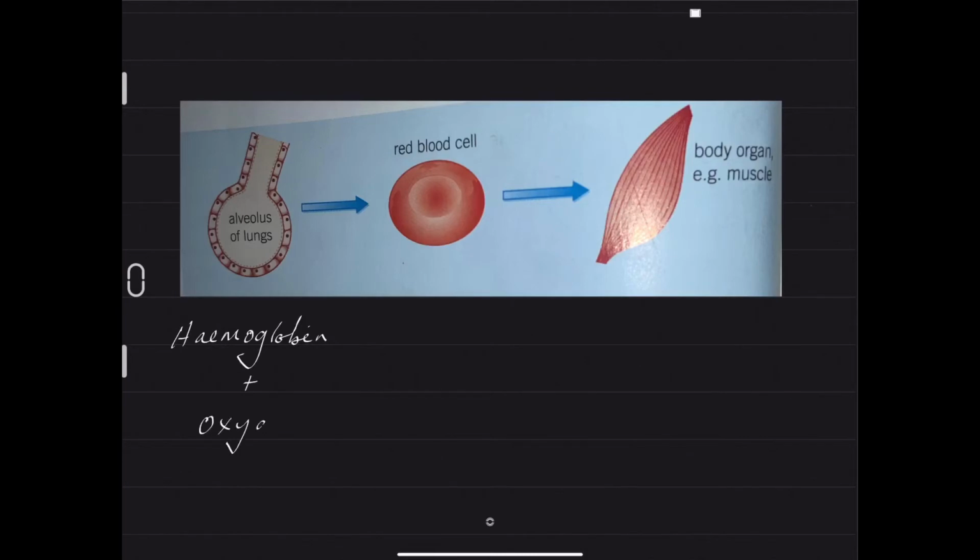So just before it picks it up, the hemoglobin in the red blood cells and the oxygen have not combined yet. But when they do combine, okay, we get oxyhemoglobin.